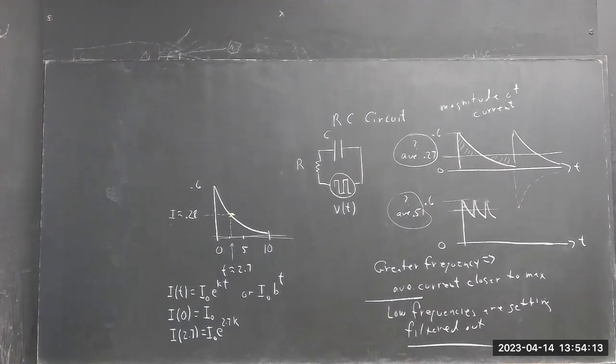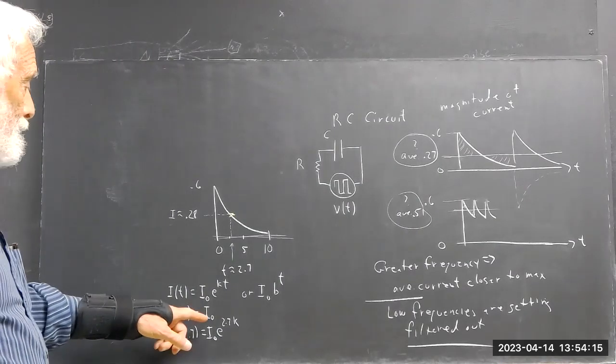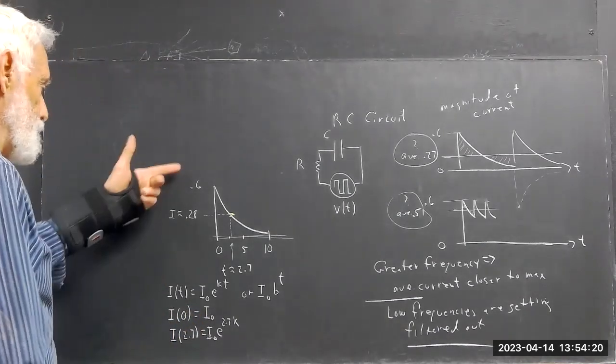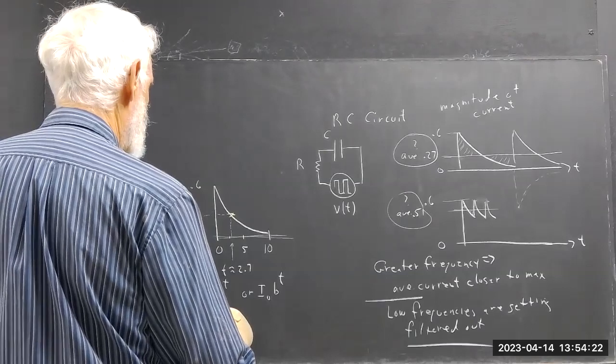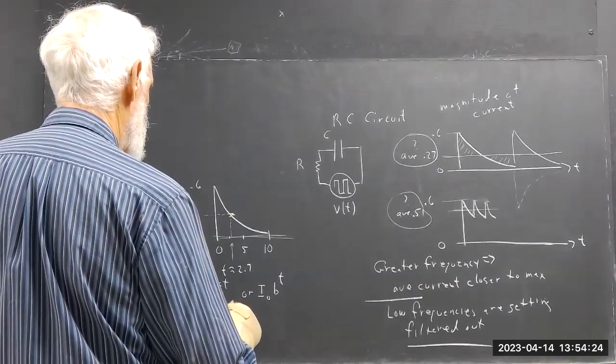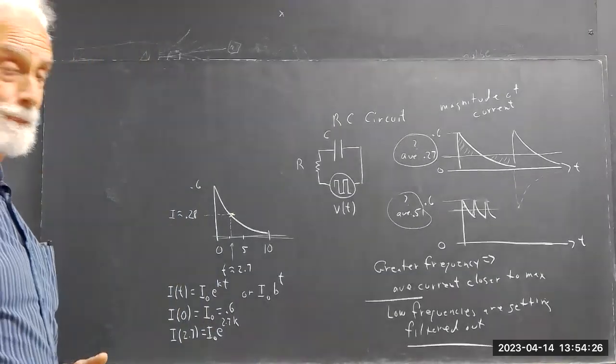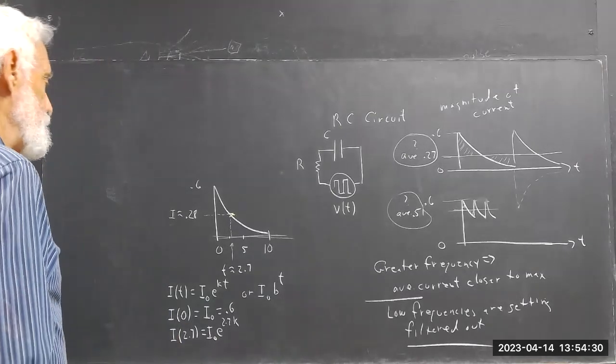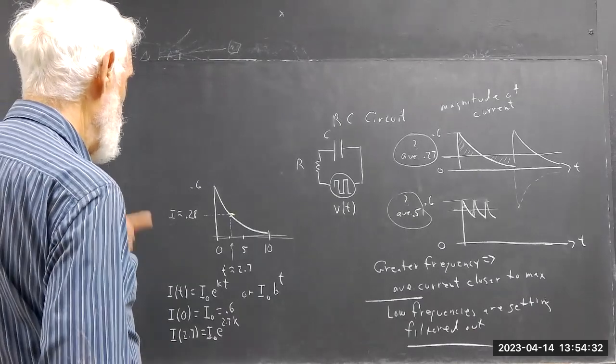Right. Well, I naught equals I of 0, and I of 0 is 0.6. I of 2.7 is 0.28.